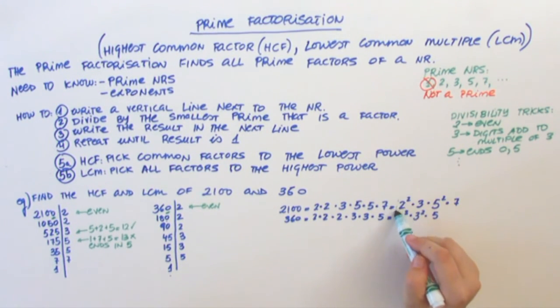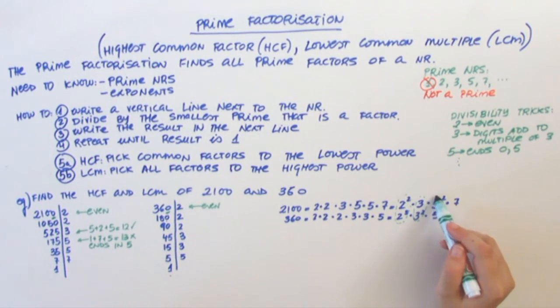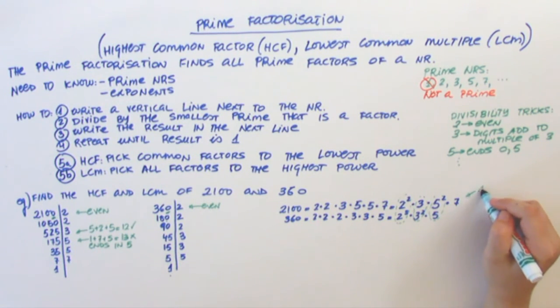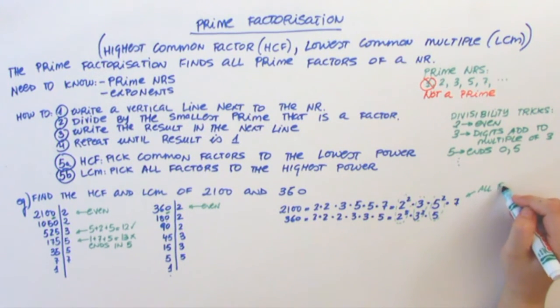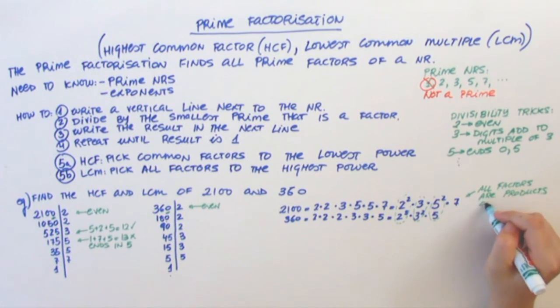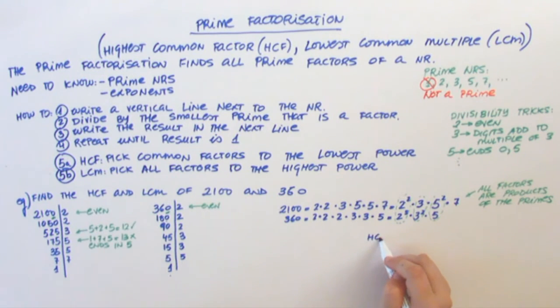And then I see some common factors, and remember, all the factors of a number will be primes or multiples of those primes. So I can find my highest common factor and my lowest common multiple following the guidelines. For my highest common factor, I pick the common factors to the lowest power.